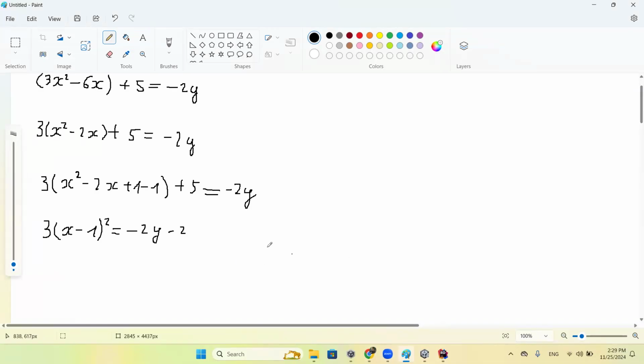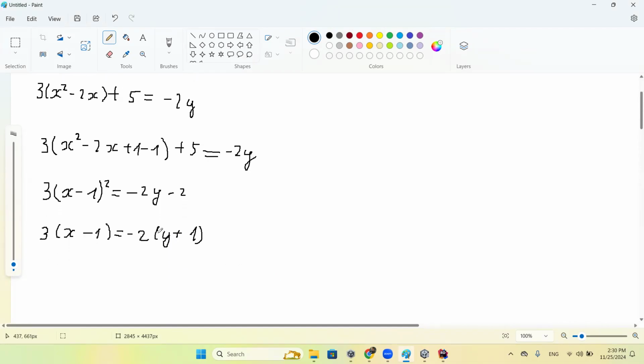And what we have is 3 times (x minus 1) squared equals minus 2 times (y plus 1). So that's what we have, the canonical equation of the parabola. So a parabola with the center with the following coordinates 1 and minus 1.